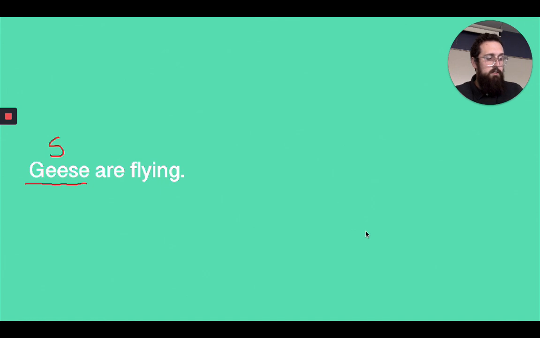The sentence tells us the geese are flying. So I'm going to double underline the predicate. Flying is part of the predicate because it tells us something about the geese. So double underline are flying. And then I'm going to place a capital P over the top of flying.